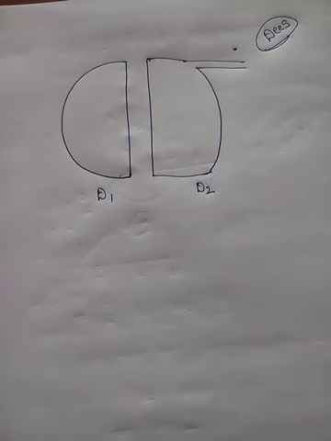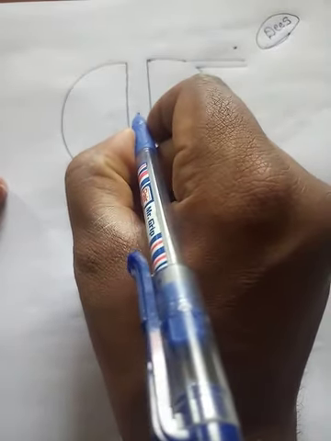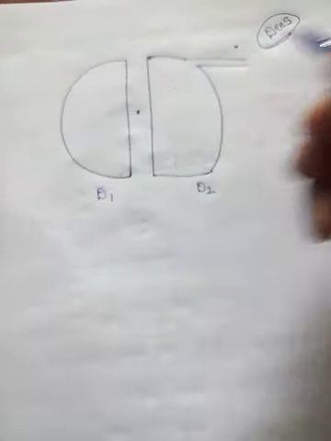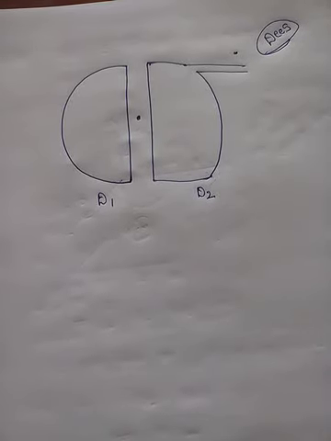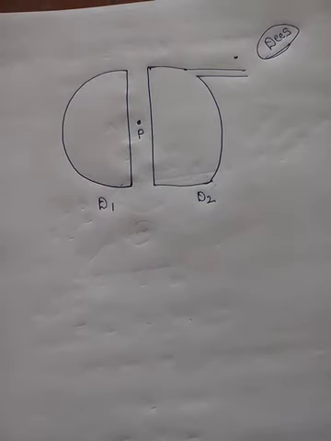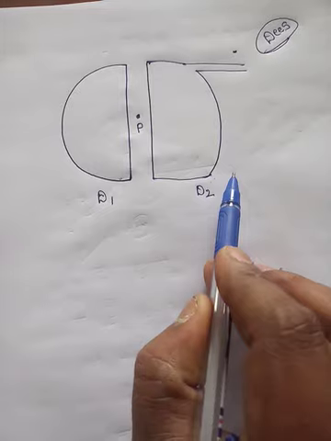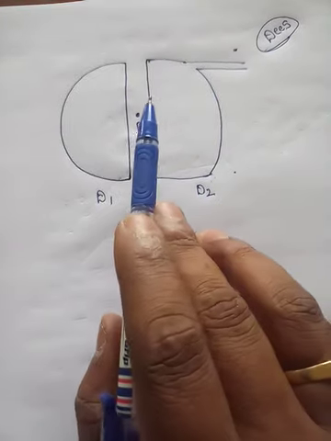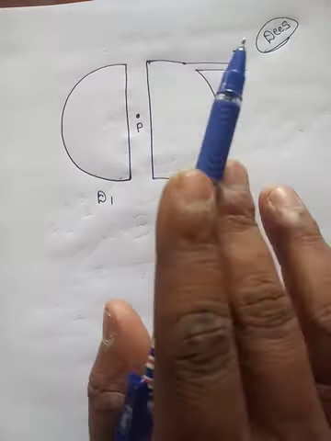Now, what is the particle that we are going to accelerate? A positively charged particle. That positively charged particle is present at the center of these two D's, called D1 and D2. We are going to accelerate it using electric and magnetic fields.